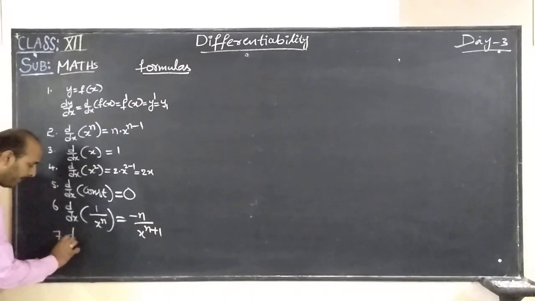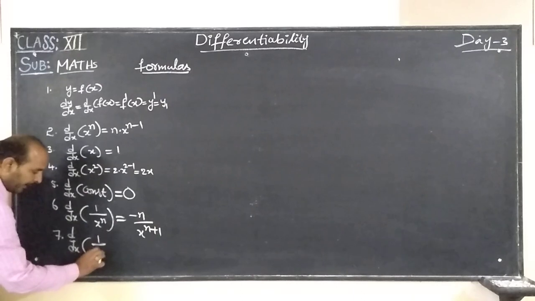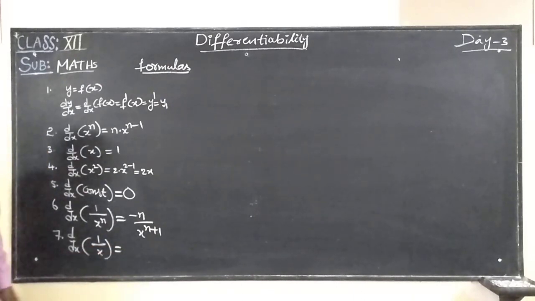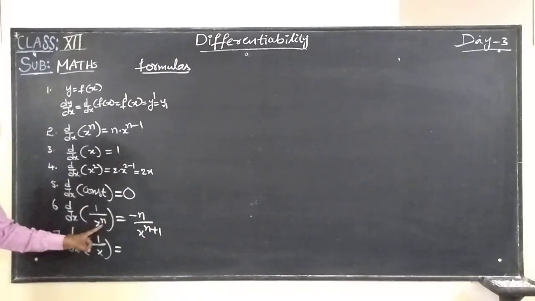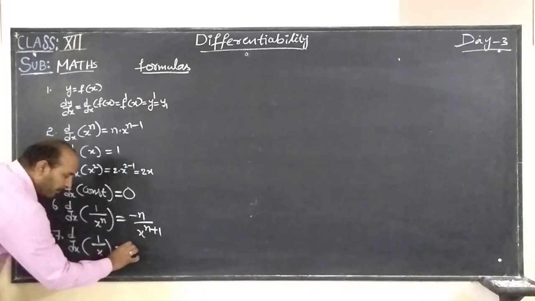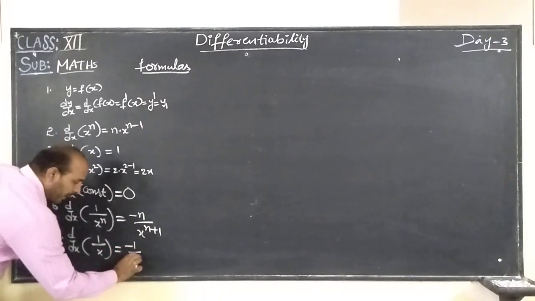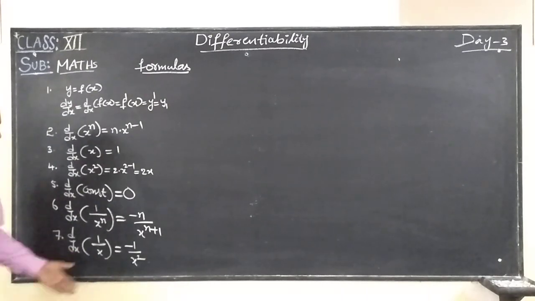Next, d by dx of 1 by x, here n is equal to how much? It is in the form of 1 by x power n, 1 by x power 1, n value 1. So you can write as minus 1 by x square.